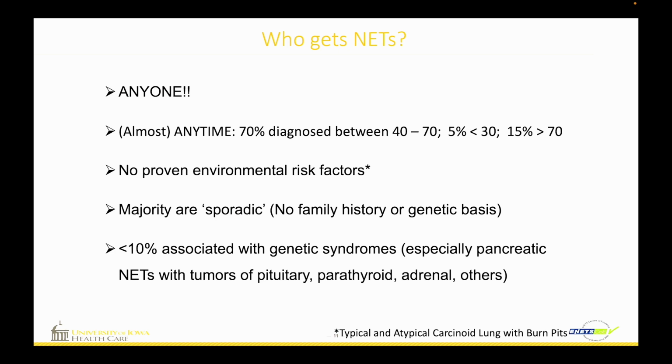We don't really know what causes it. No definite environmental factors. However, I should point out that recently the VA have accepted typical and atypical lung carcinoid tumors as being possibly associated with burn pits in Afghanistan and Middle Eastern combat.